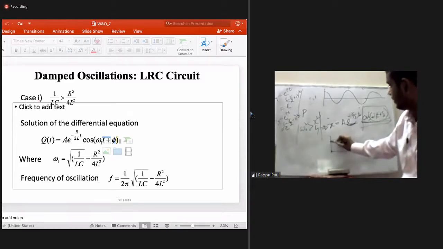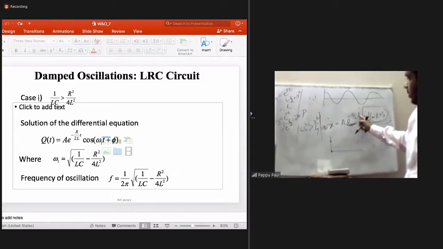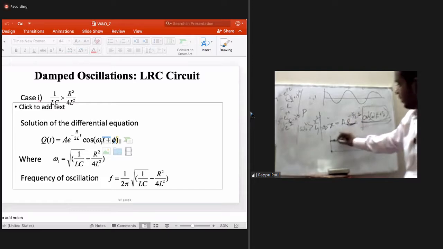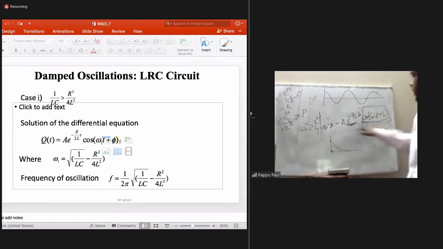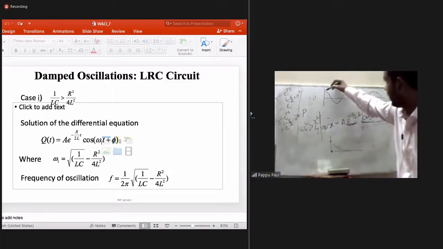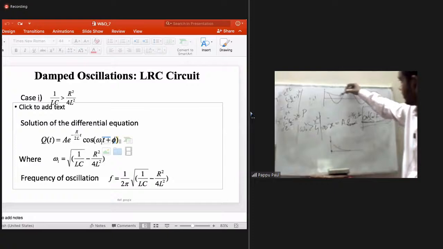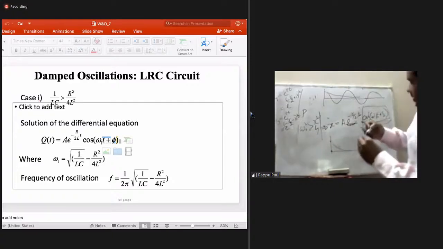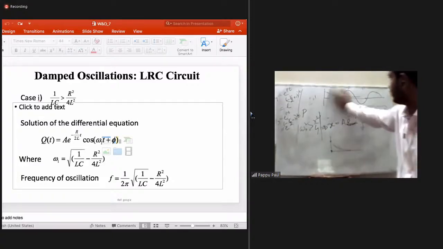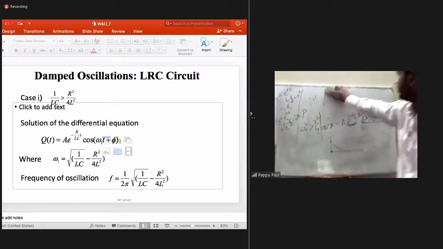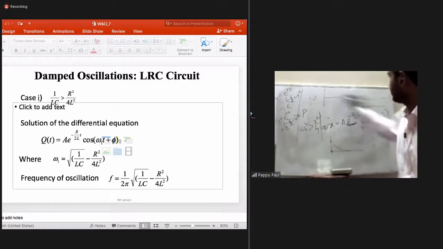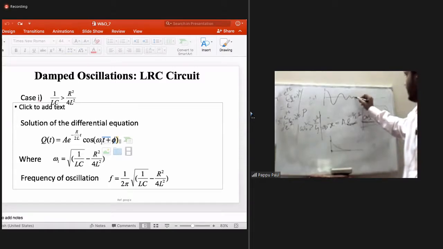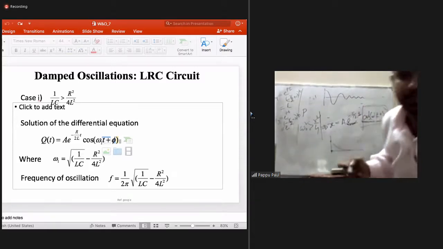That means this value, and if you increase the value of t, then you will find the graph will be like this. If you multiply both together, you will find the graph like this. So if you multiply both these graphs, you will find this graph will be oscillatory, but decreasing its amplitude with time.